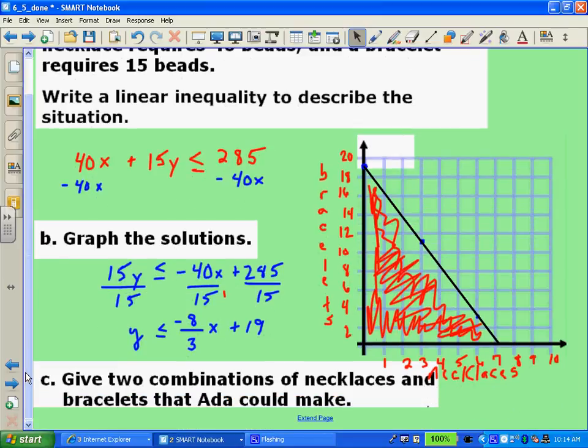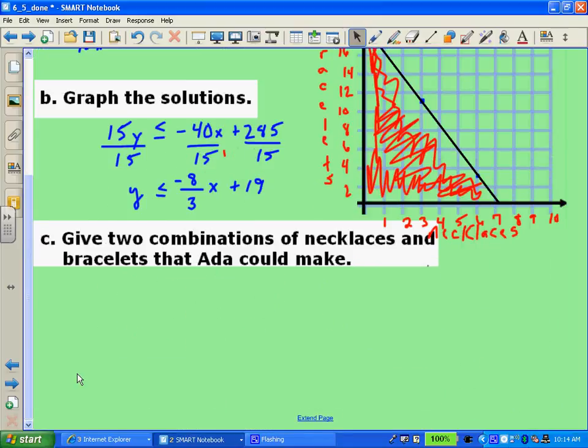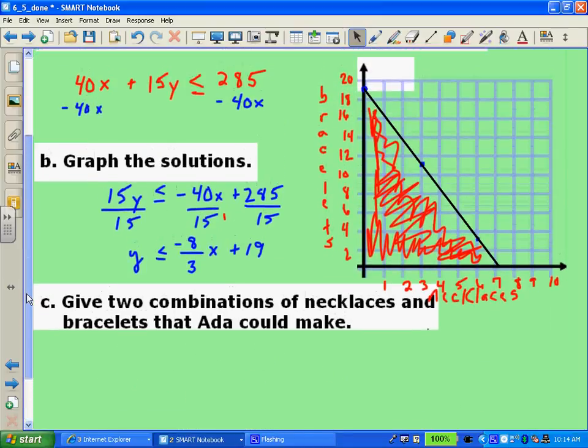And then the final thing that they'll ask you to do is to give two combinations of necklaces and bracelets that Ada could make. And all we have to do is find some points in the shaded region. So let's say I have the point here 2, 6. She can make 2 necklaces, 6 bracelets.